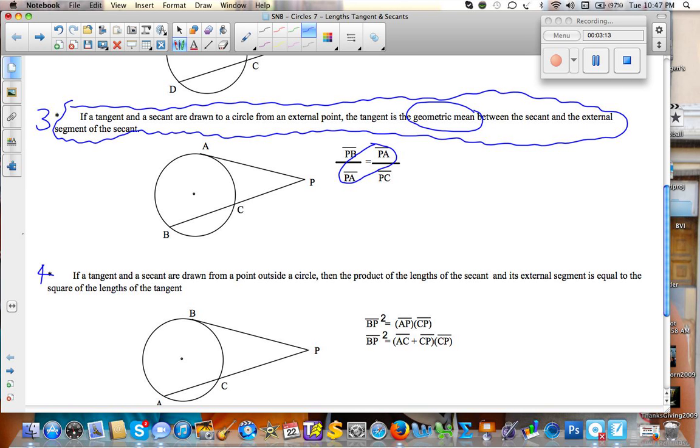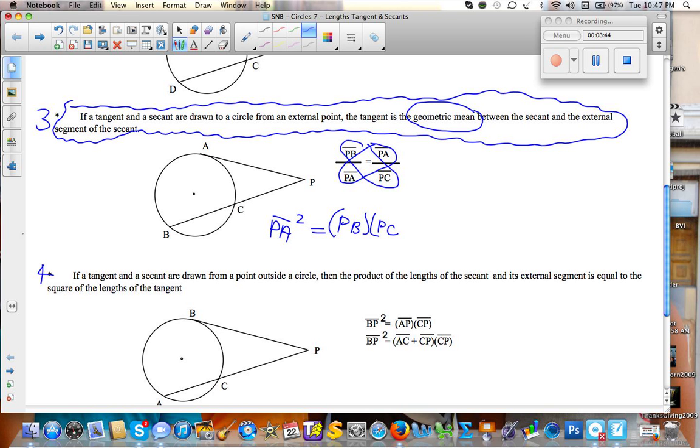And if you thought about it as being the whole thing, which is PA, times the portion that is outside the circle, which also happens to be PA, you would end up with PA, which is the tangent squared, is equal to, and on the other diagonal we have the whole secant, which is PB, times the portion that is outside its circle, which is PC.